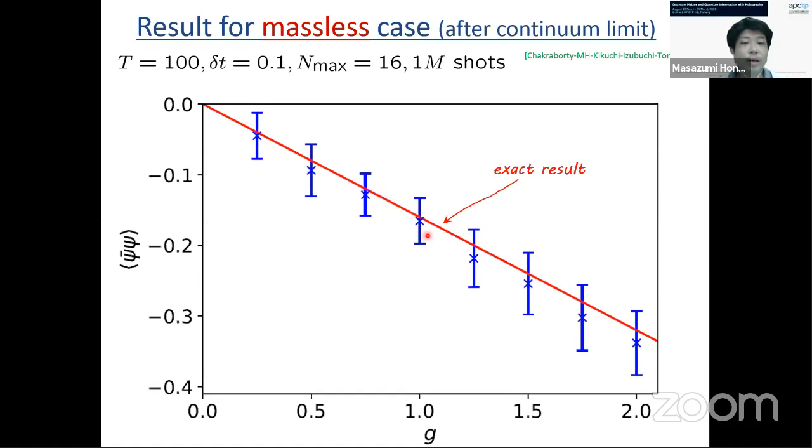We see that we have agreement with the exact result within error. A nice thing is that the maximal number of qubits used in our simulation is only 16. It seems encouraging.